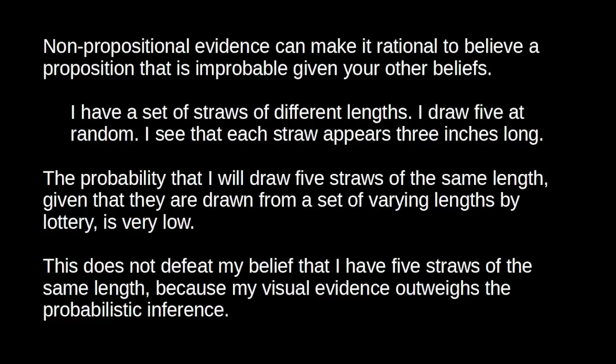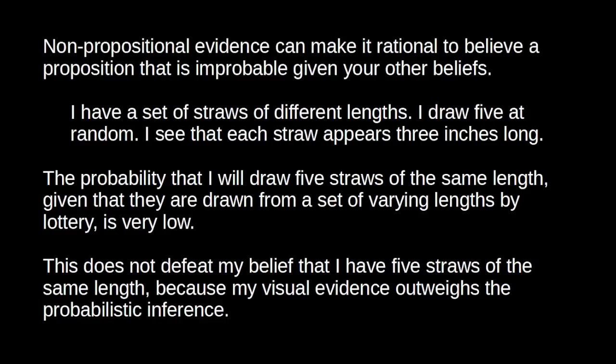Suppose I have a set of straws of different lengths. I then draw 5 straws at random. I see that each of these straws is 3 inches long, or it visually appears 3 inches long. Now, the process by which I chose these straws does not select for 3-inch long straws.